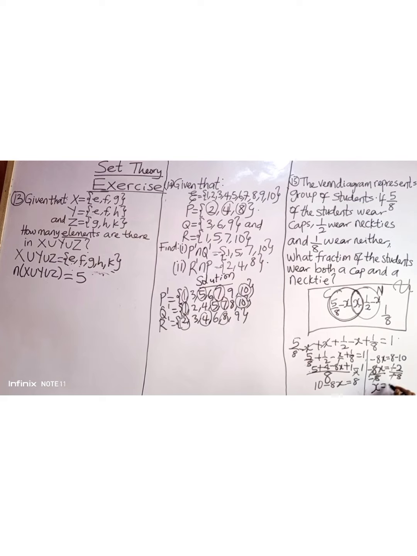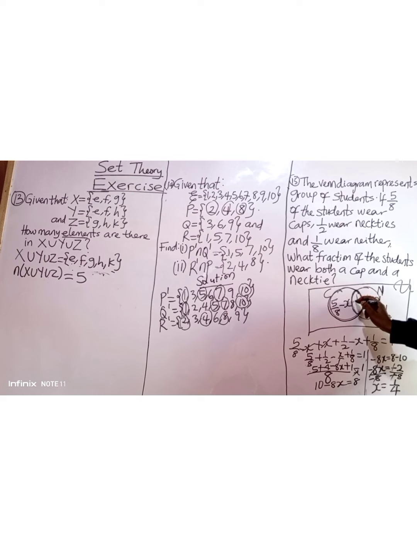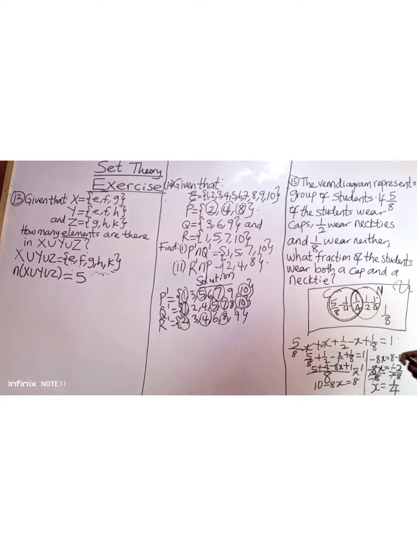X is equal to 1/4. So we can now come here: those that wear both cap and necktie will be 1/4. So here will be minus 1/4. Here also will be minus 1/4. So that's how to find that.